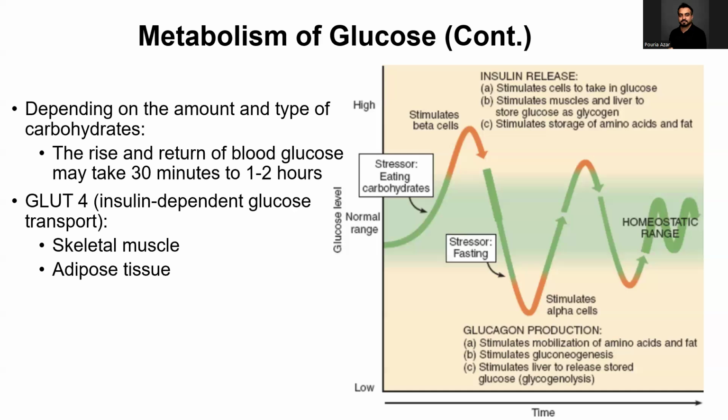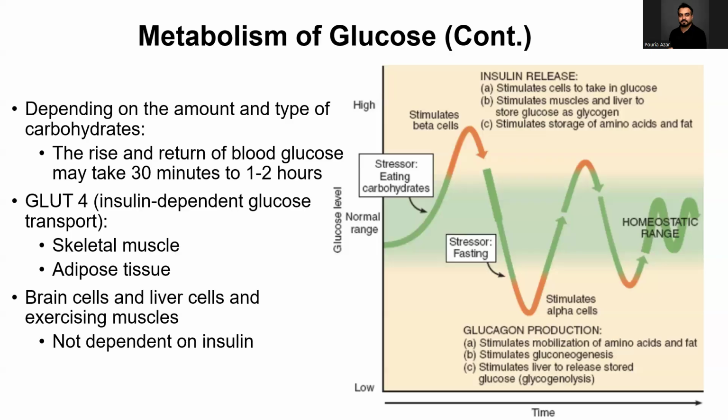We see GLUT4 in skeletal muscle and adipose tissue. And GLUT4 is insulin dependent, which means without having insulin in the blood, GLUT4 is not working. So we need insulin to activate GLUT4, and glucose uses GLUT4 to transport.